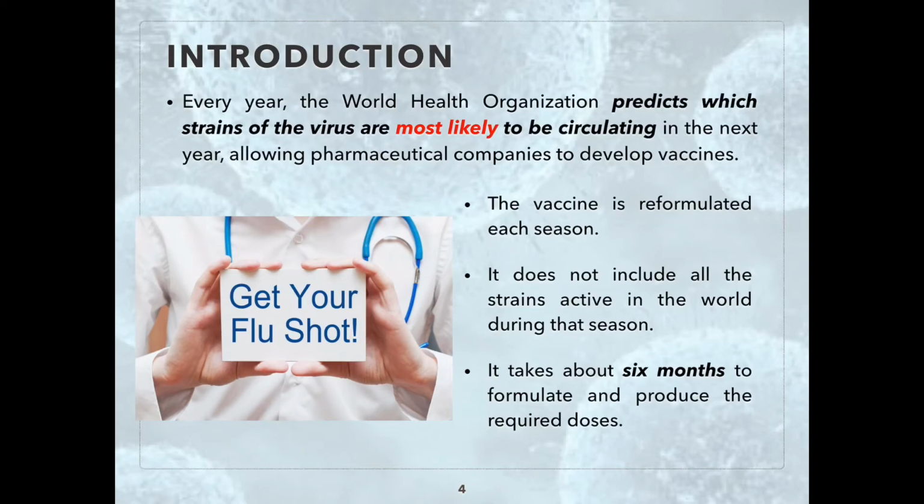This organization studies which strains of the virus are most likely to be circulating in the next season, and then allows the pharmaceutical companies to develop the vaccine. This vaccine doesn't include all the strains active in the world during that season, and the companies need 6 months to formulate and produce the required influenza vaccine doses.